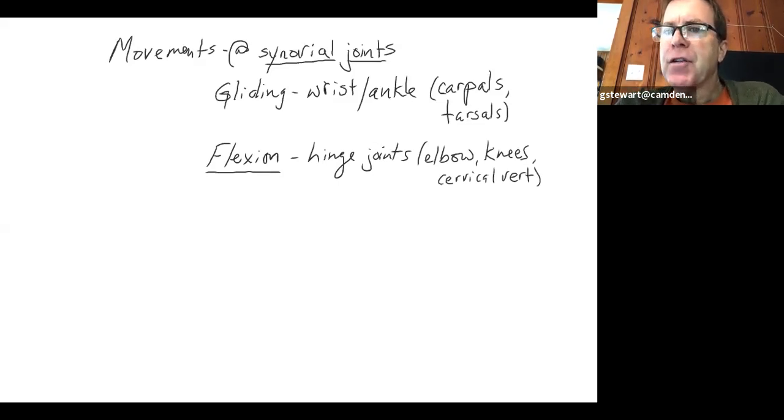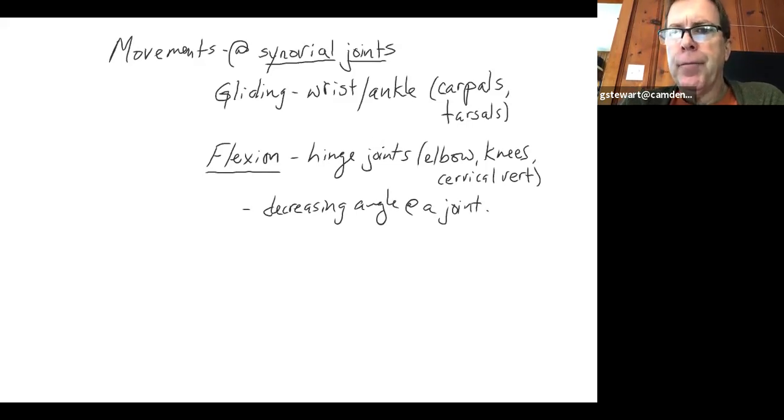And the definition of flexion is this: it's decreasing the angle at a joint. And it's a hinge joint typically. So if your arm is extended outward, there's your elbow, here's your forearm, and you make a fist.